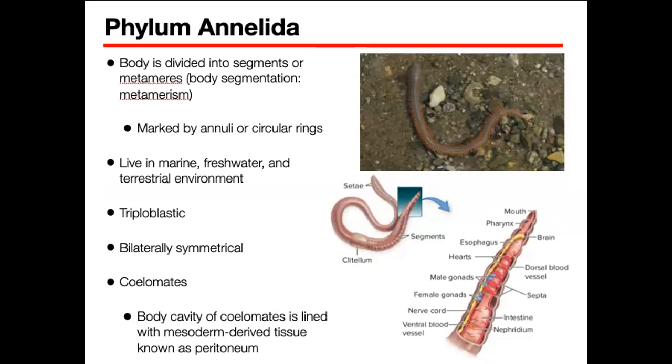And just like nematodes, they are triploblastic and bilaterally symmetrical. Yung pinagkaiba nila would be they are coelomate organisms. Okay? So coelomate organisms na kung saan their body cavity is lined with tissue derived from the mesoderm, known as the peritoneum.